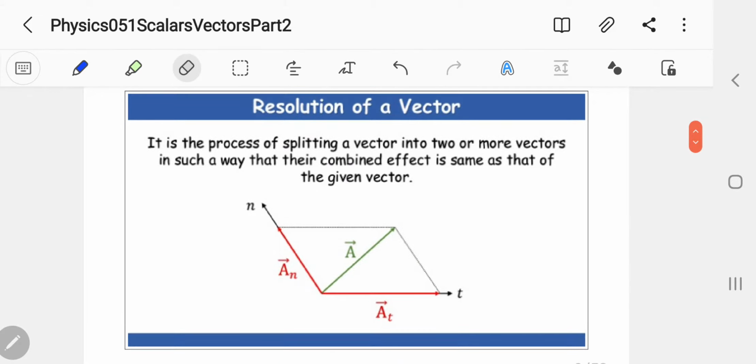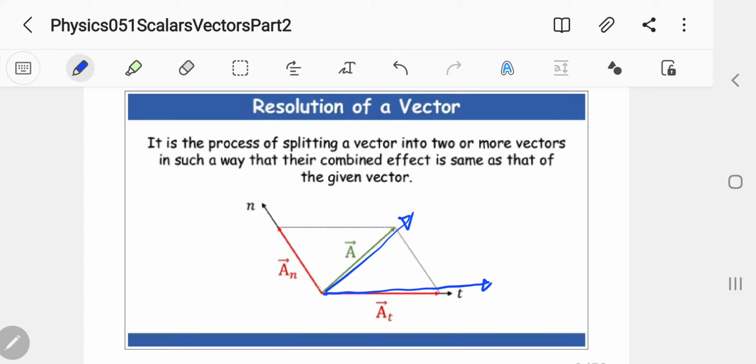So now, if you have a vector A here, and you want to get the component of the vector on axis t, then you'll just have to get the projection of A on t.